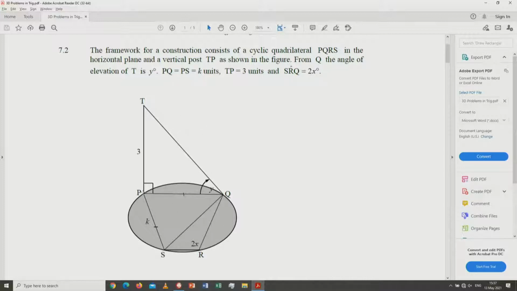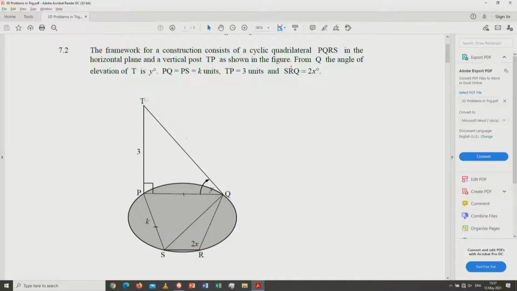PQ is equal to PS is equal to k. So here is PQ, it's marked k. Here is PS, it is also marked k. It means as a learner, you go to PQ and you also mark it k, because it is given in this statement that PQ is equal to PS and they are both equal to k.